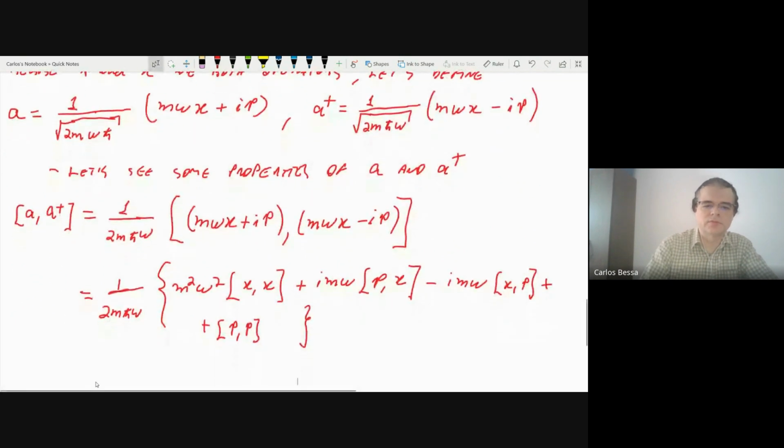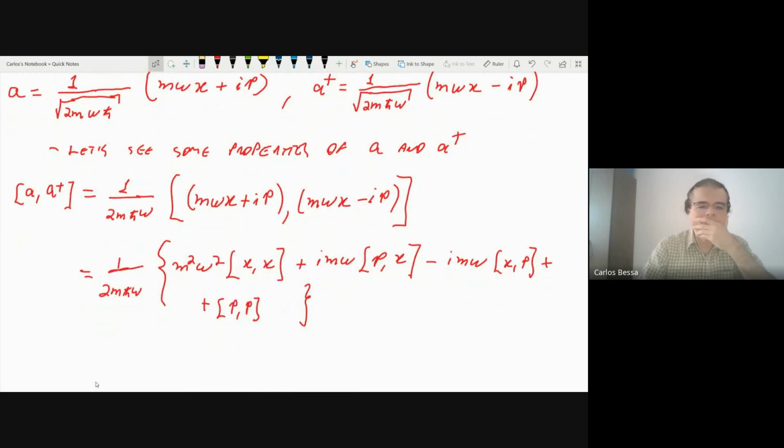Okay. The commutator of x with x is 0 because it's the same, so they commute, of course, and pp is also 0. And here, the commutator of x and p is just the Heisenberg uncertainty relation, that is just i h bar.